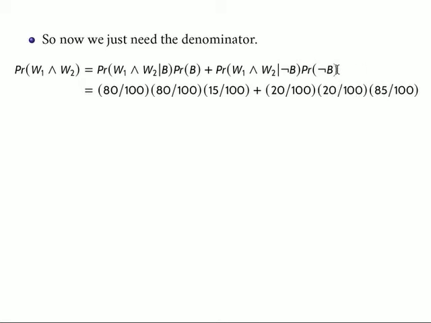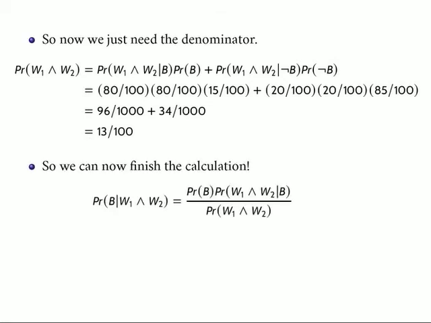And then we know that the probability of it not being a blue cab as background is 85 over 100, because only 15% of the cabs in the city are blue and the other 85% are green. So from the question, we know how to calculate the denominator. And so we just simplify this and we get that it's 13 over 100.